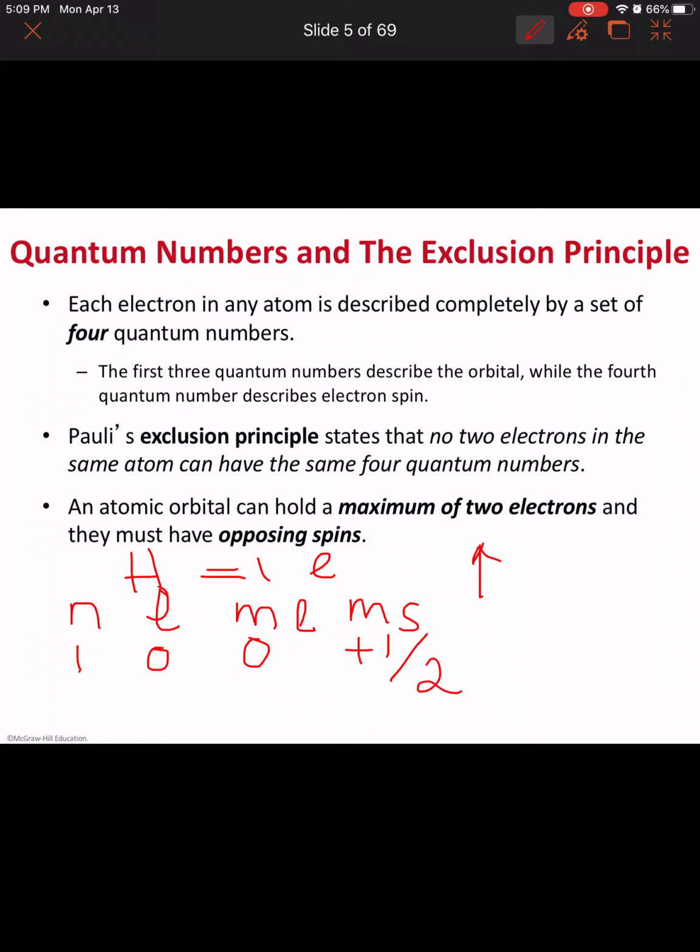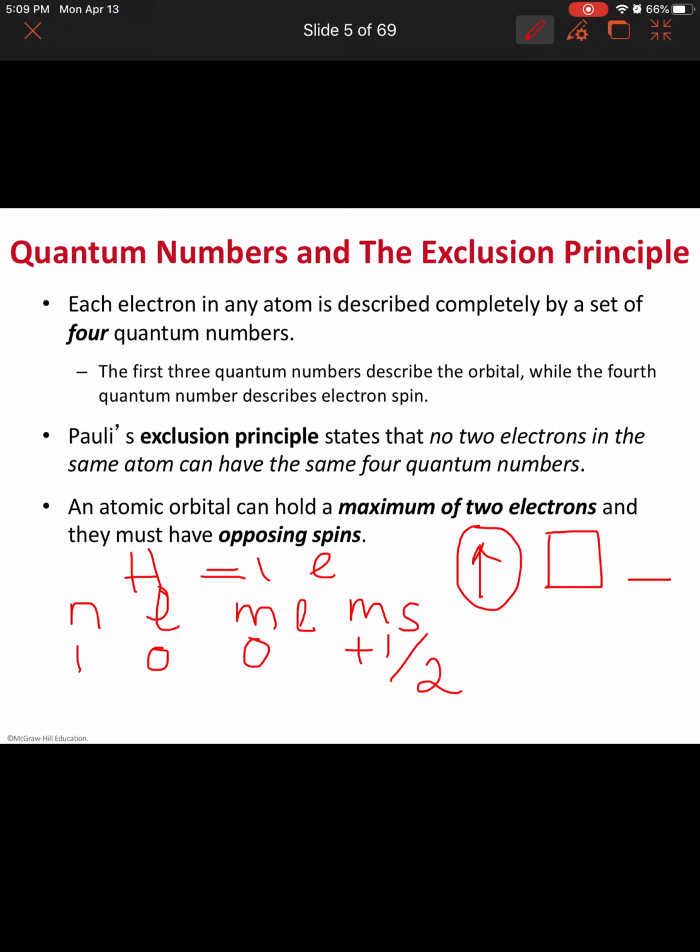So these are the 4 quantum numbers for the 1 electron in the hydrogen atom. Normally, we can represent an orbital either with a circle, or with a box, or with just a line. So that's the first electron for the hydrogen.